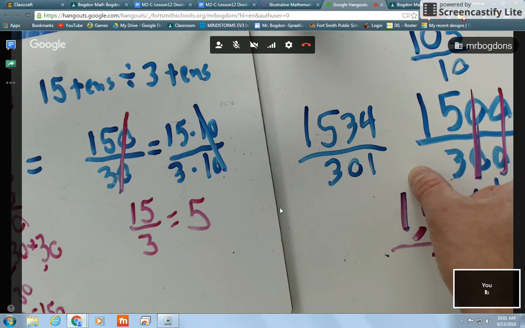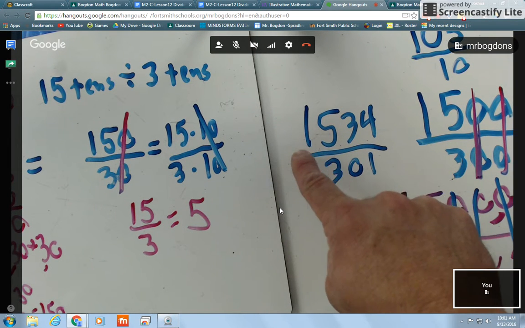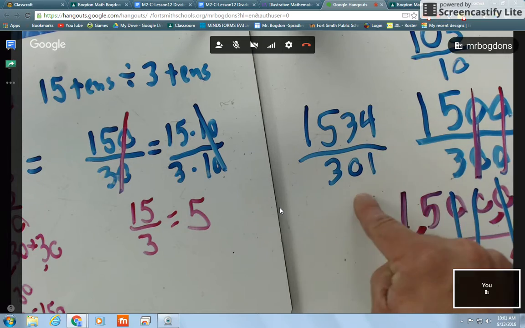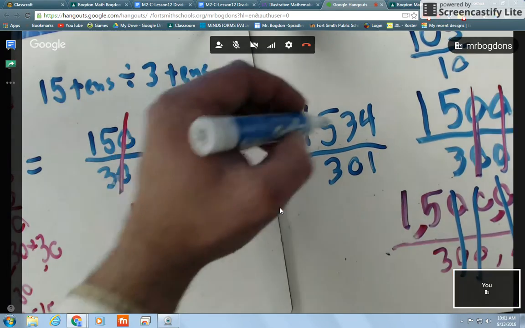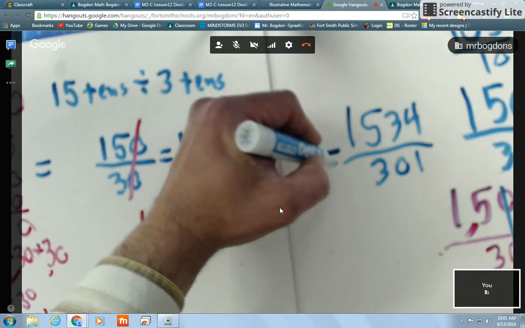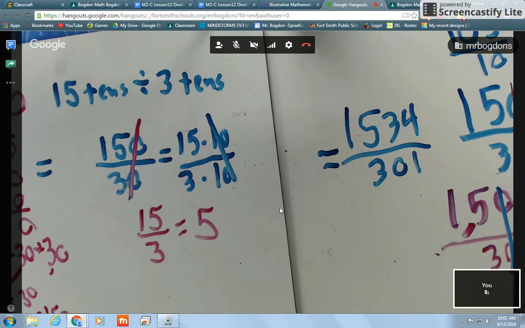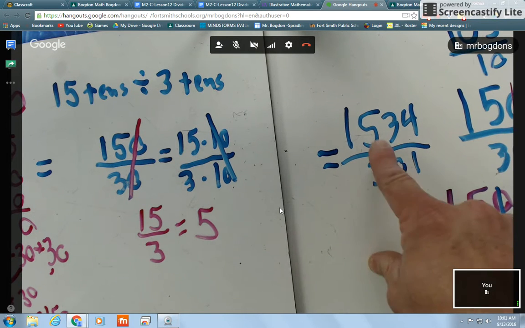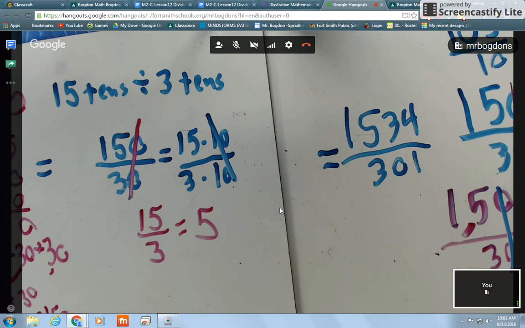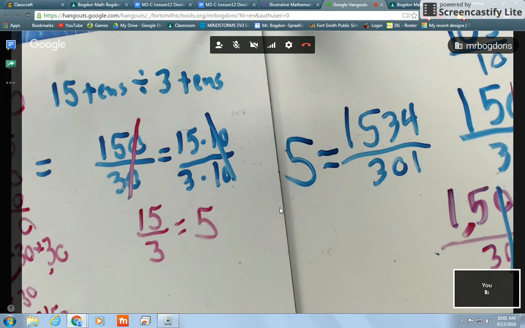So by using this estimate, I can figure out that 1,534 divided by 300 is approximately what number? What is 15 divided by 3? So I know that the answer here is going to be somewhere right around 5. Whenever I'm done with my division problem, if I don't have a number that's somewhere in the neighborhood of 5, I know that I've done it wrong.